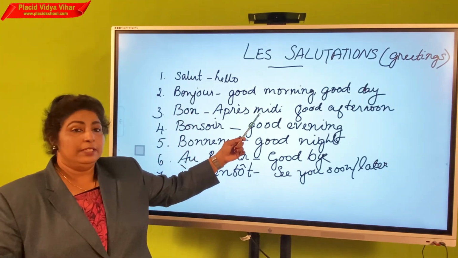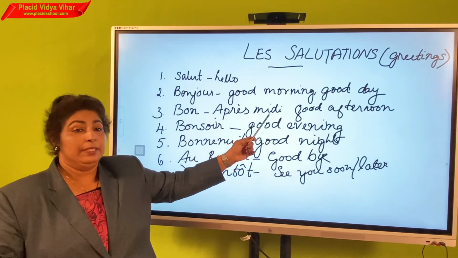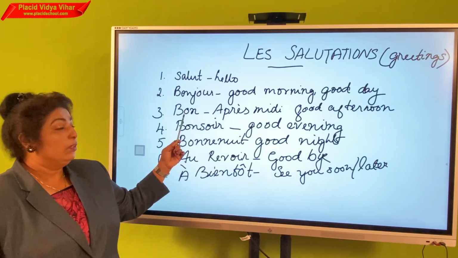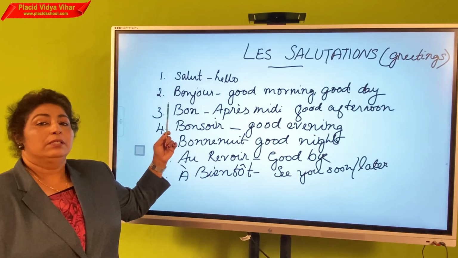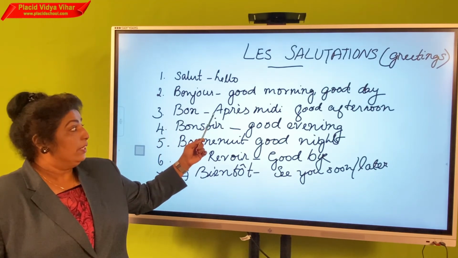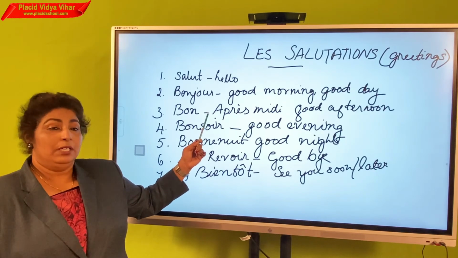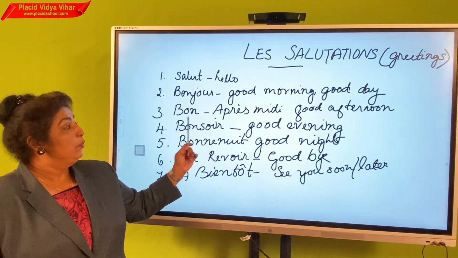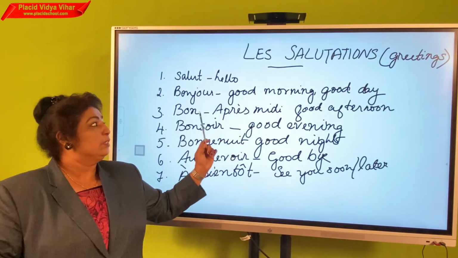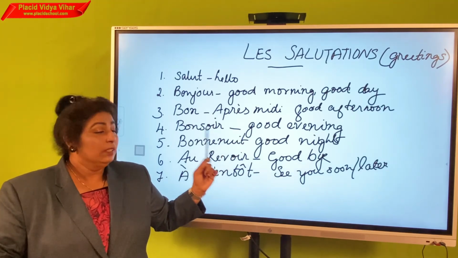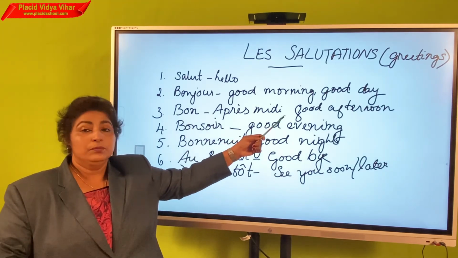Bon après-midi. See here, bon: N is a consonant, whereas A is a vowel. So it is linked. Bon après-midi. Never read it as bon après-midi with a separation. That is wrong. Bon après-midi means good afternoon.